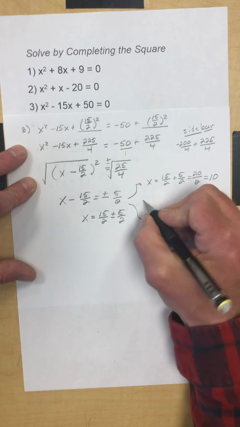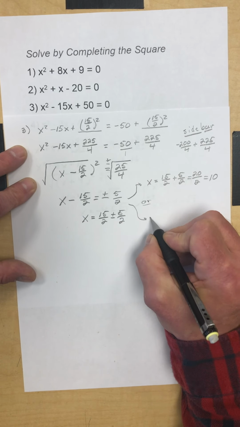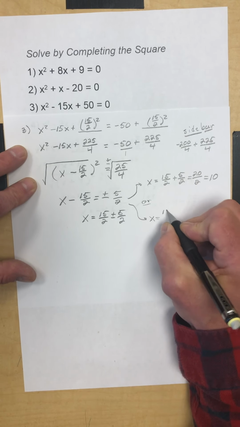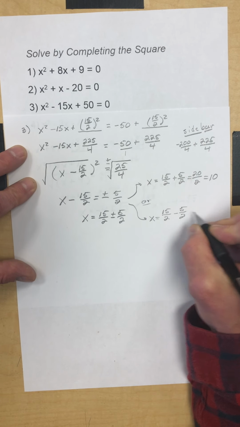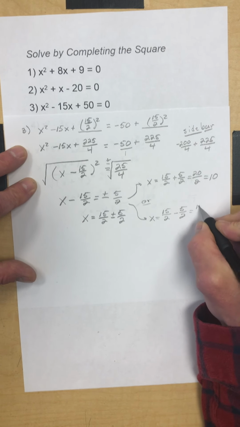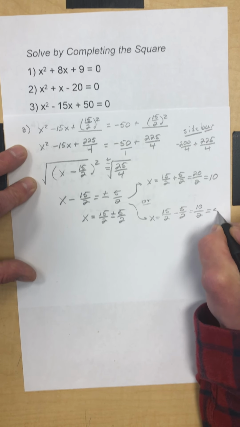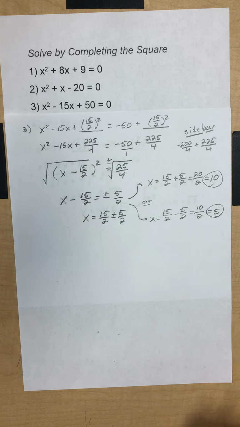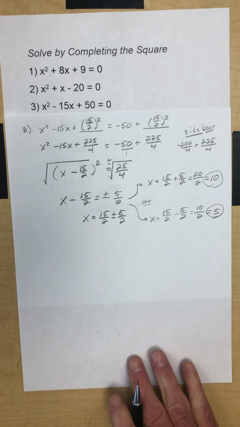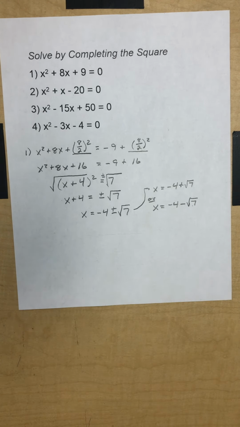Or x could be 15 halves minus 5 halves, which gives us 10 halves, which is 5. Okay, so again, there's our two solutions right there. Okay, all right, one more to do.